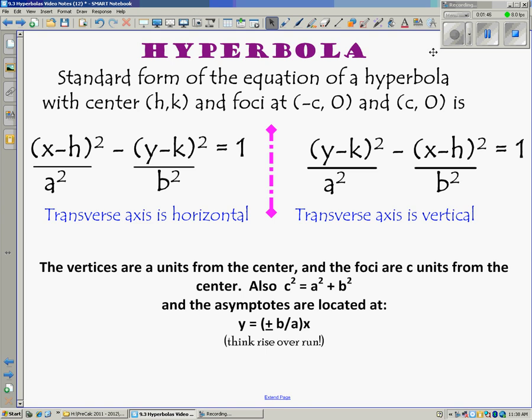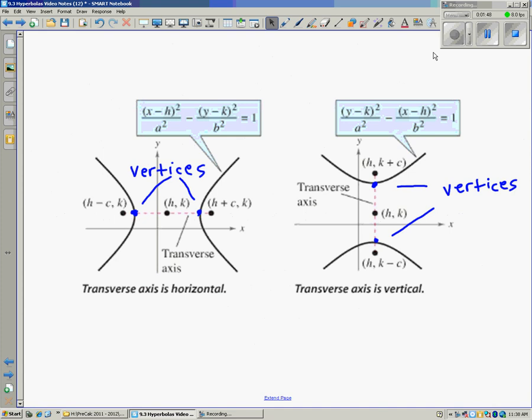The next slide shows you your 2 standard equations, and then it just gives you a quick sketch of what the hyperbola looks like. X is first. You have a transverse axis which is horizontal.